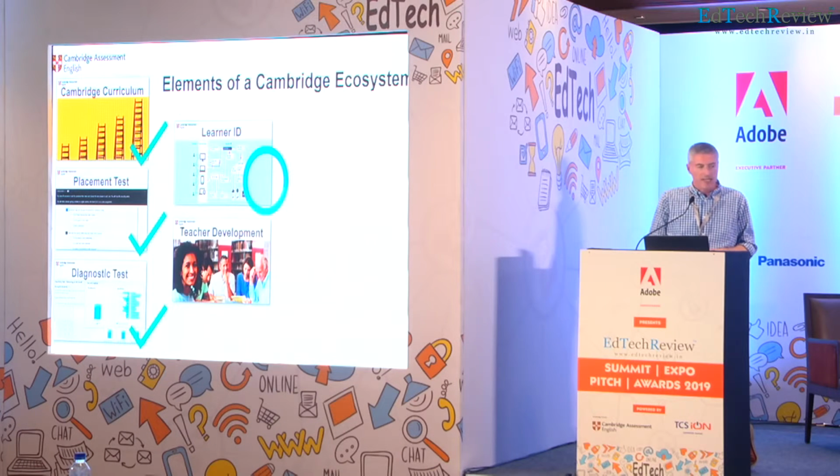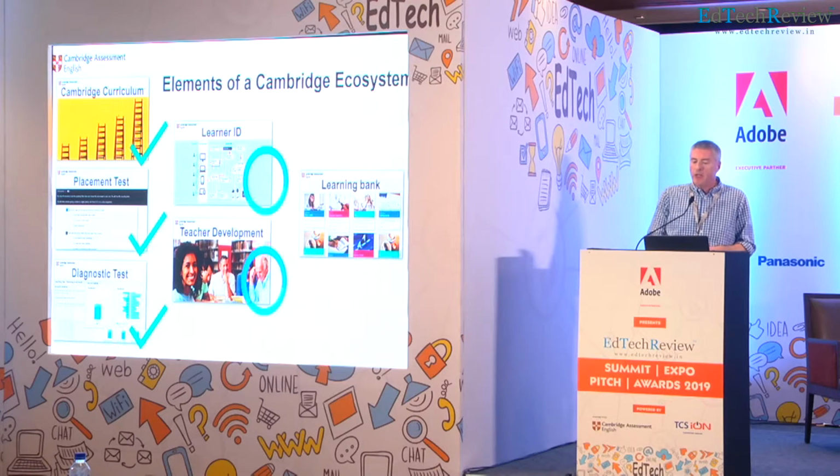Teacher development is a crucial part of our ecosystem. So we do a lot of teacher development, but not in a way yet that is tightly integrated into learning. And then we need a library of online content and an algorithm to search through that online content and help present students with optimal pathways at any particular time.